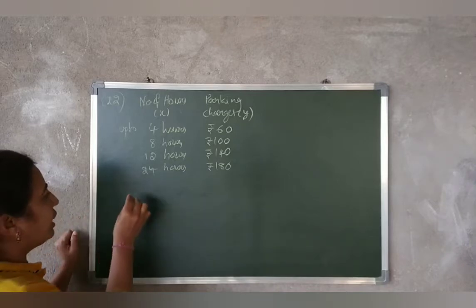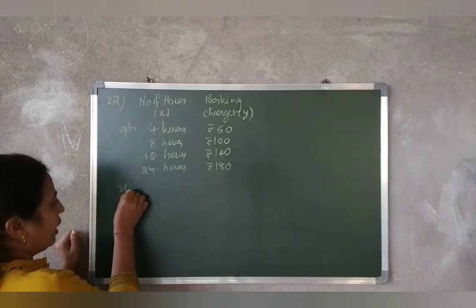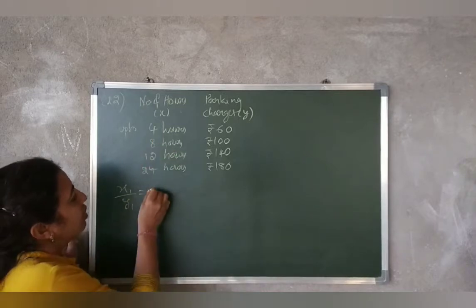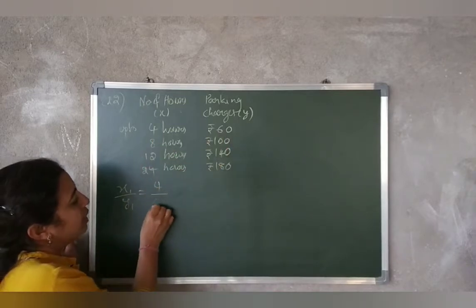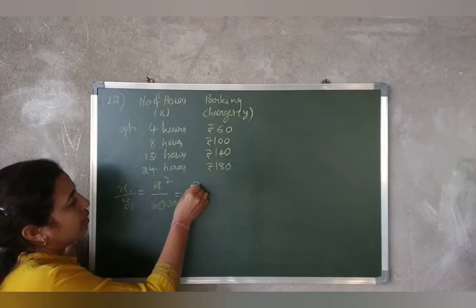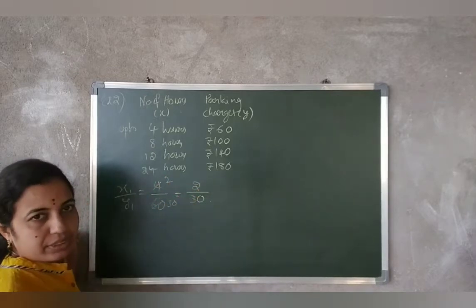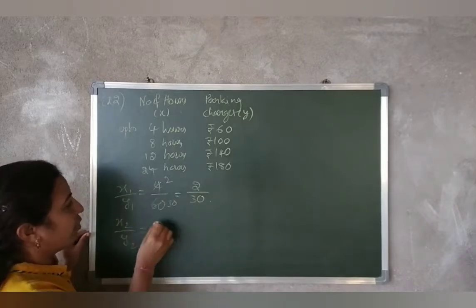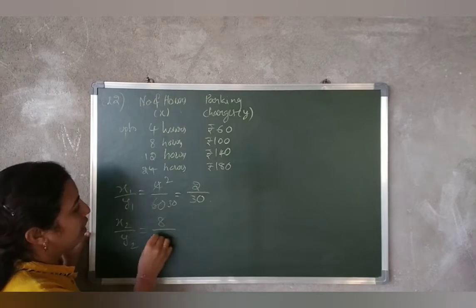So first find x1 by y1. x1 is 4 by 60. What is the ratio? Simplest form you have to write always. 2 by 30. And go for x2 by y2. x2 is 8 by 100.